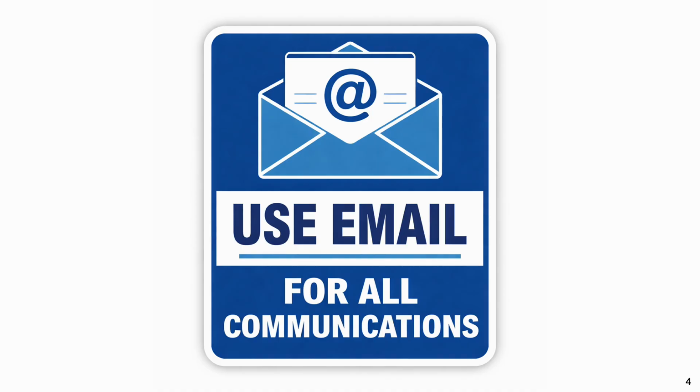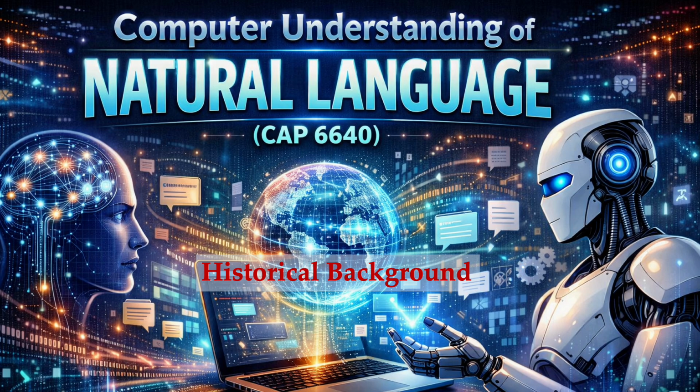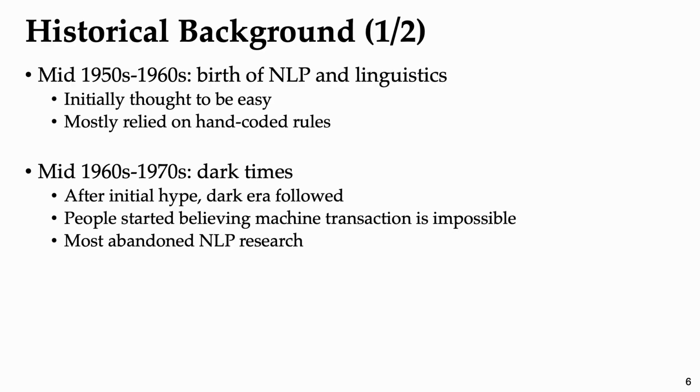So let's get started. Let's go with the historical background of natural language processing in general. For those who have been using advances in AI, particularly NLP, particularly LLMs, you think that natural language processing is just a result of advances in the last 5 years.